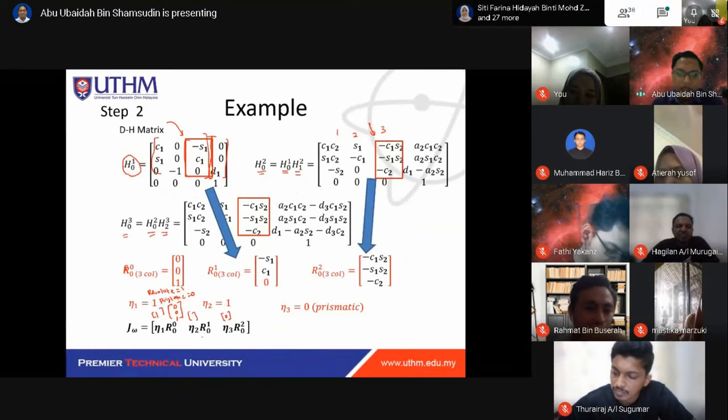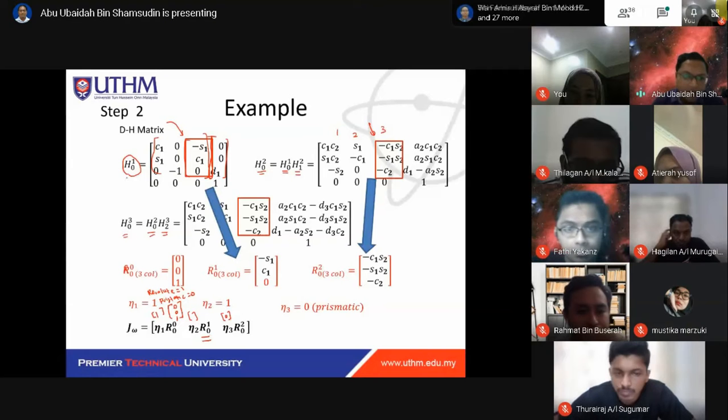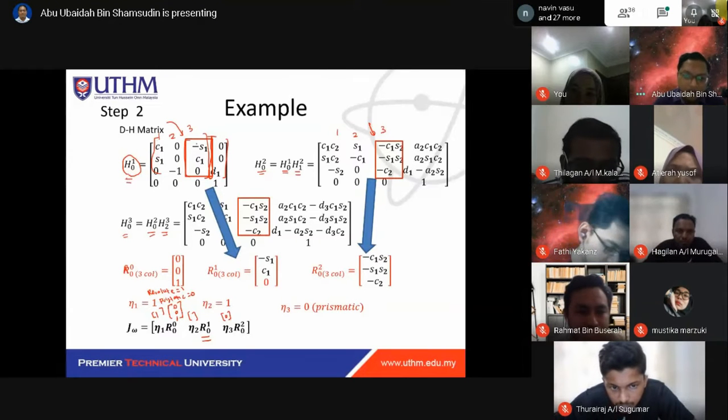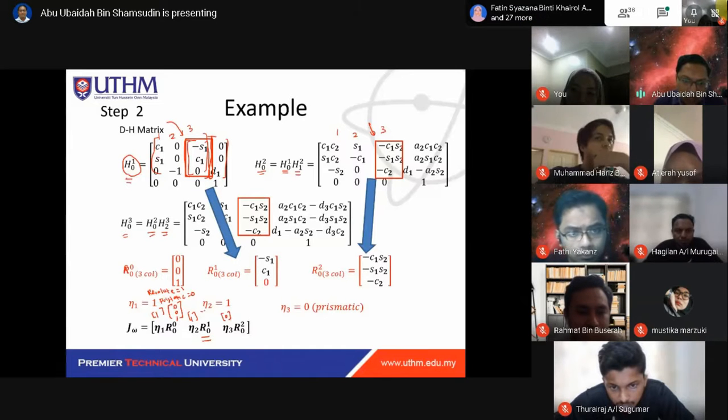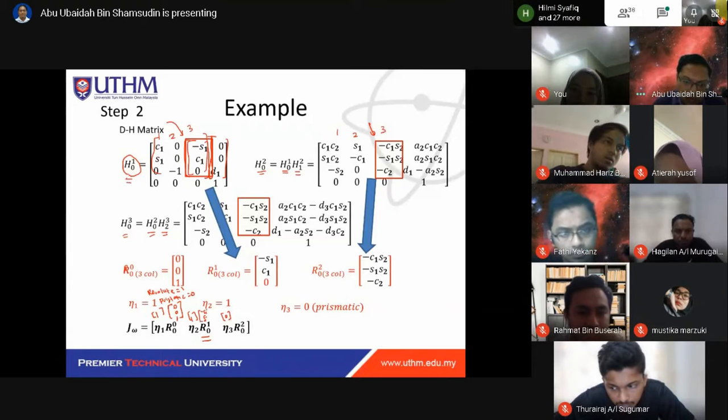Next, I want to find what is my R01. So I go to the H01 matrix and I go to the third column. So 1, 2, 3. So this is my R01. My R01 is equal to negative sine 1, cos 1, 0. Okay.